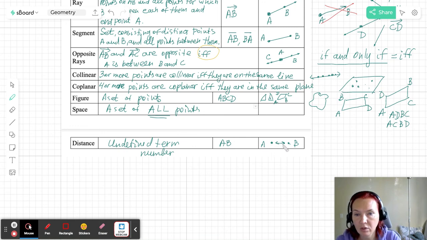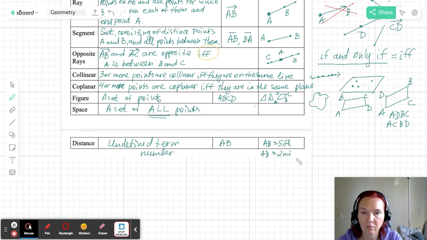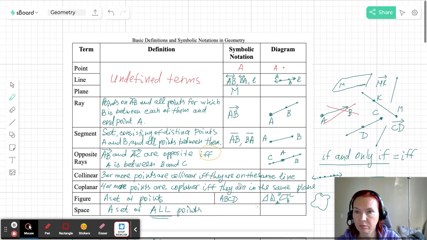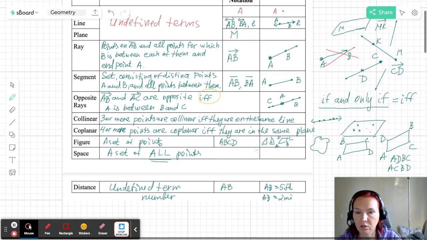I'm actually going to erase this because it's not really a diagram for the distance. You cannot have a diagram for the distance. So you can say AB equals 5 feet, right? Or you can say that AB equals 2 miles, the distance from, I don't know, on the big scale. So those are your basic notations, basic definitions, symbolic notations.